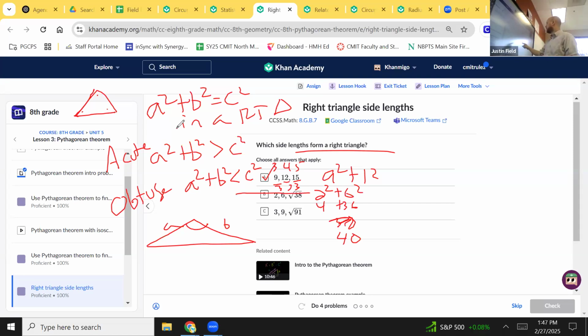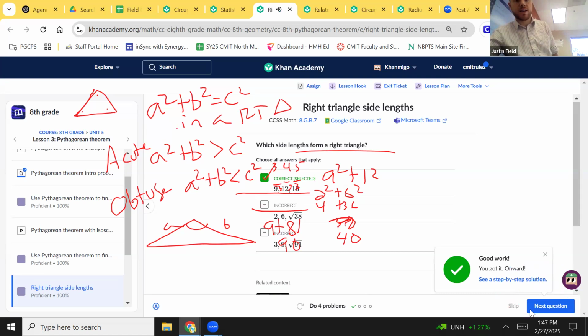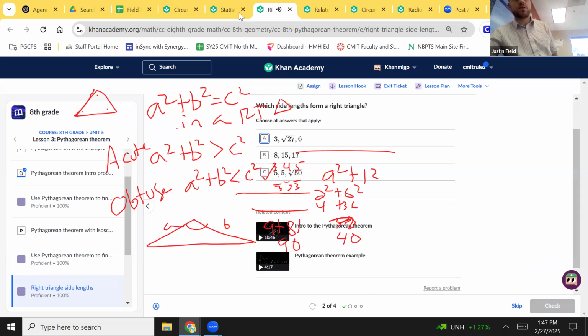So that one's out. And then how about this one? 9 plus 81. I'm just squaring 3, squaring 9. 81 plus 9 is 90. So that one's out. So even though it says to choose all that apply, the only one that really applies is A. Okay, so go for it.